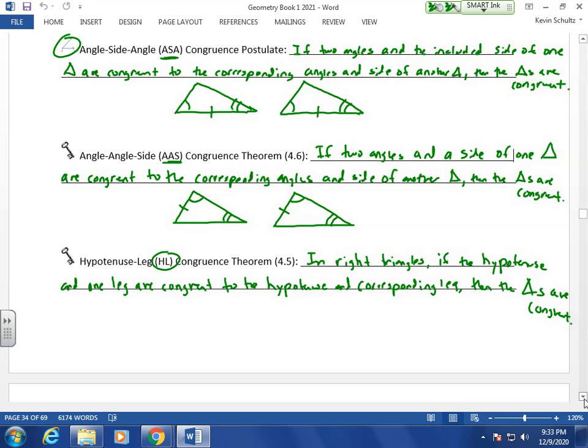So the last combination that we have here is the HL, hypotenuse leg theorem, and it only works with right triangles.